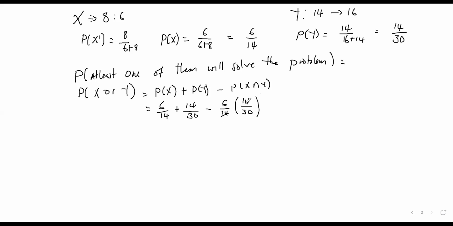You see, these cancel each other. So I'll be reducing here. Maybe 2 can go there 3 times out of 7, plus 2 there, that is 7 out of 15, minus 3 out of 10.